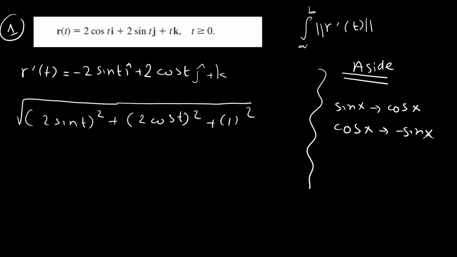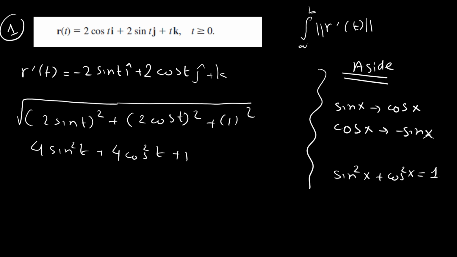Okay, now this gives us 4 sine squared t plus 4 cos squared t plus 1. Now if you see this, do you remember an identity to replace this with? If you don't remember, let me recall: sine squared of x plus cos squared of x is equal to 1.